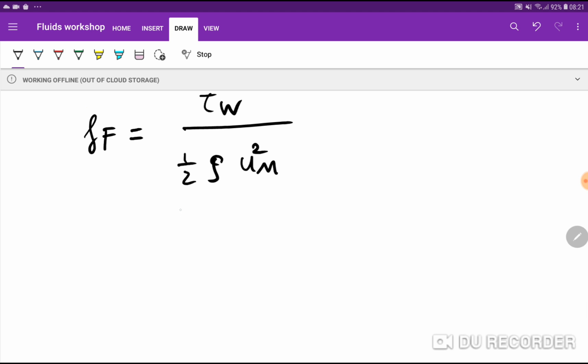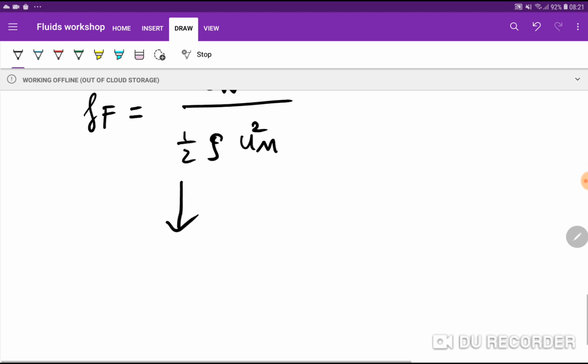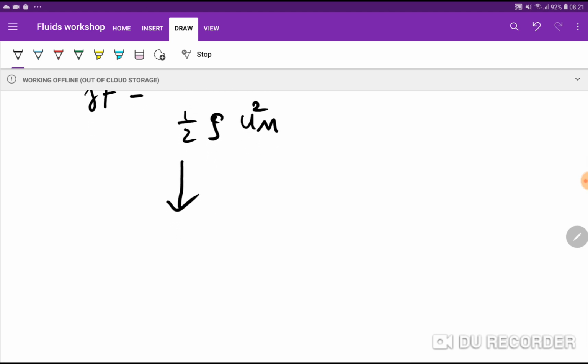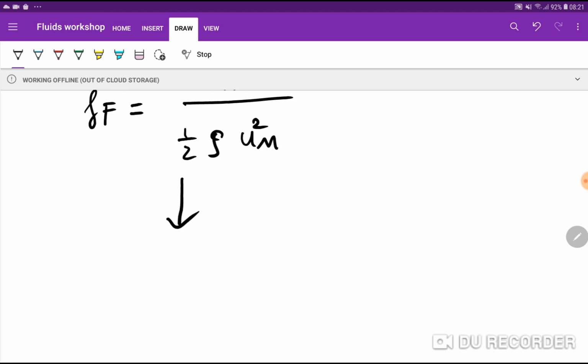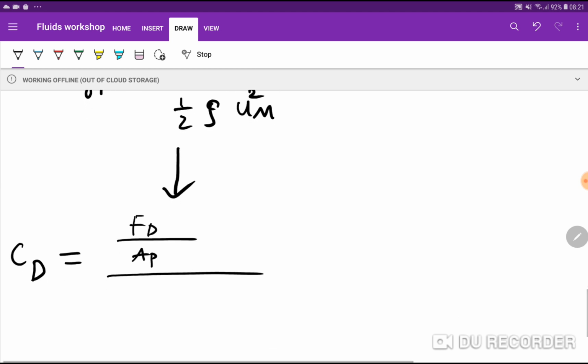Now, instead of using f to represent it, they use CD. You find it in your textbook, and it is calculated as the force over area as the numerator, and the denominator to be 1/2 rho F times UT squared.